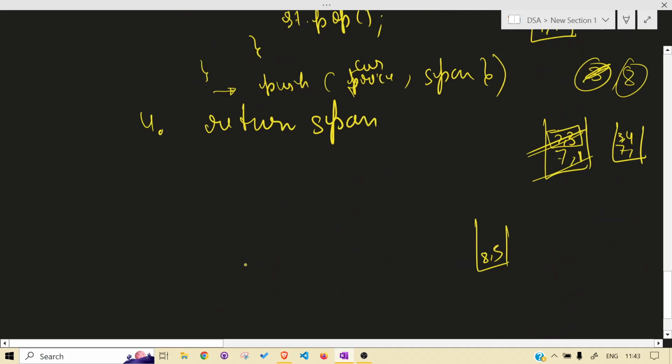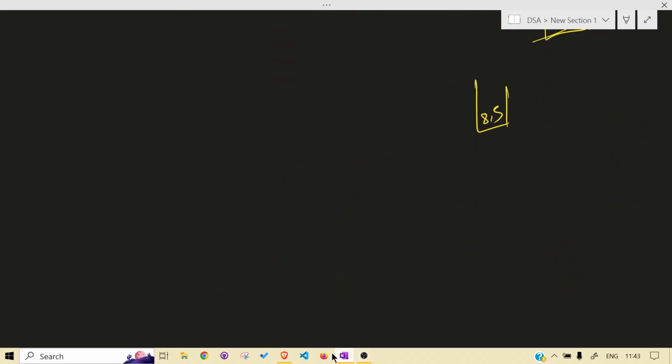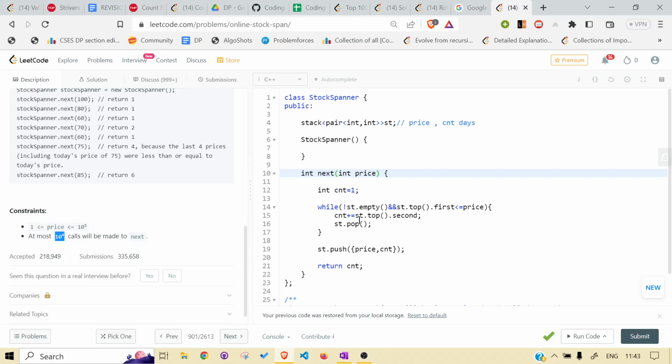Let's see the coding part. This is the data structure we are using, for what? To store the previous prices and to store the span for less calculation, because we have already computed the span, we just have to compute it for the current.